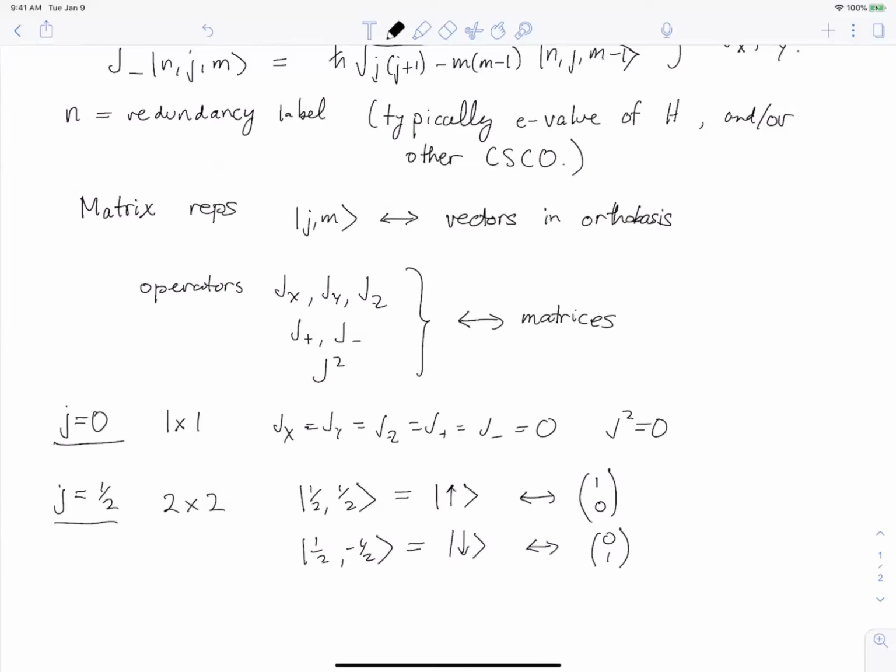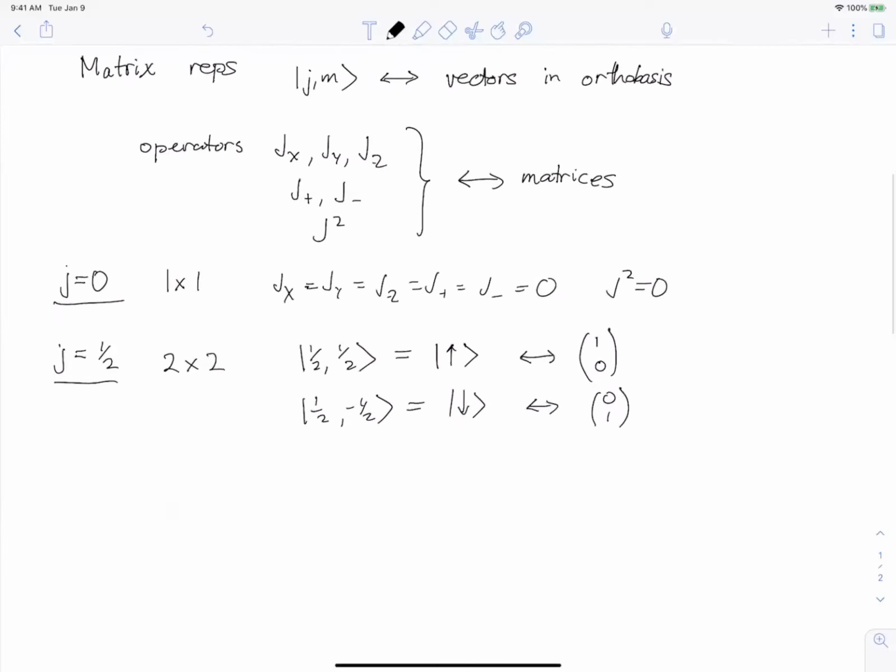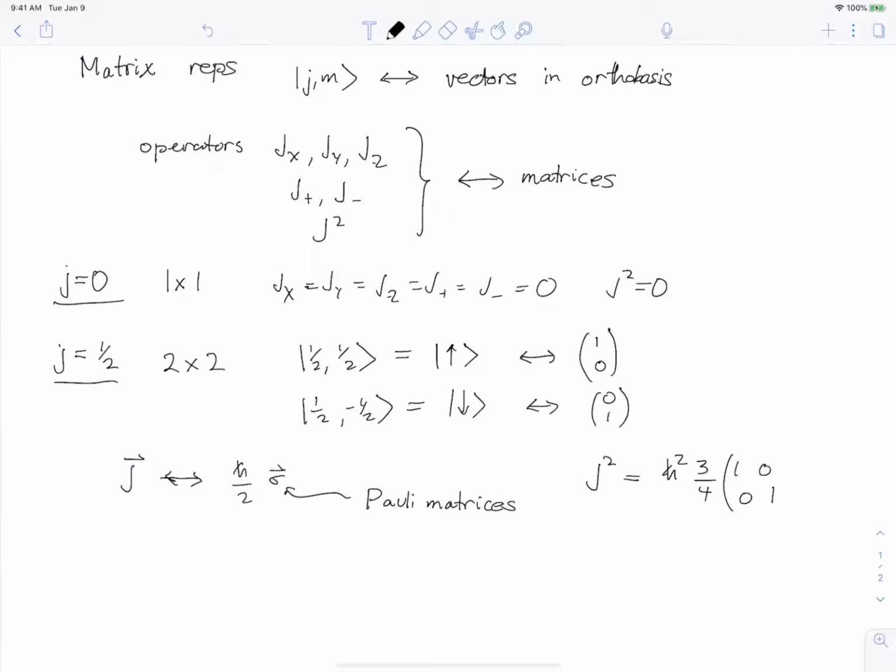And then we said that the J operator is represented by the matrix H bar over 2 times the sigma matrices, or the Pauli matrices. Okay, and J squared is represented by H bar squared times 3/4 times the matrix 1, 0, 0, 1.